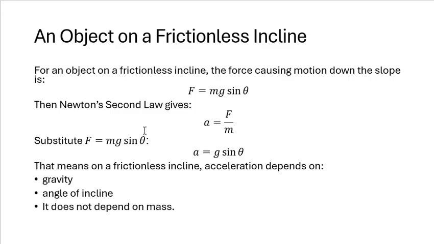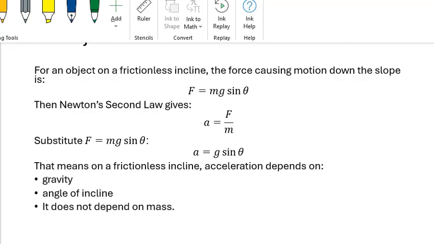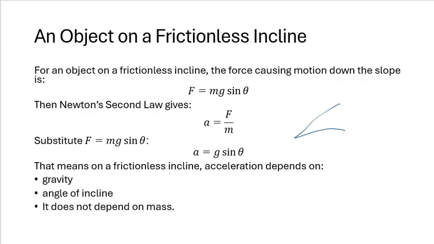An object on a frictionless incline, you have force. We can calculate the force by multiplying mass with acceleration due to gravity. It is an incline, so you have to use a component of your path. I would say that's sine theta. We already know what an incline looks like, so don't forget the angle is right here.